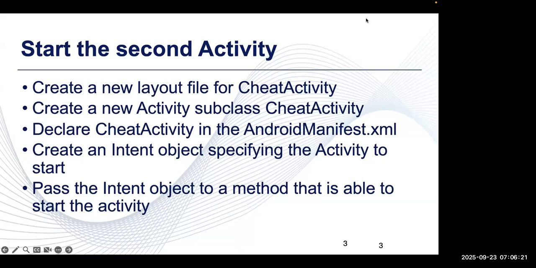For the GeoQuiz, we start a new file for the cheat activity, and then we create a new activity subclass called CheatActivity. We declare this CheatActivity in the Android manifest XML file. We create an intent object specifying the activity to start, and we pass that intent object to a method that is able to start the activity. So this is the overall process of starting a second activity.